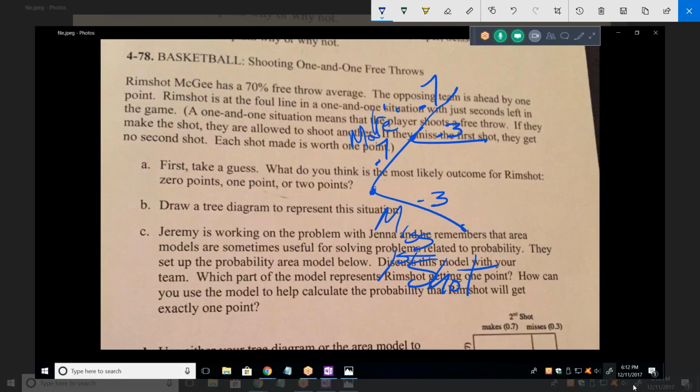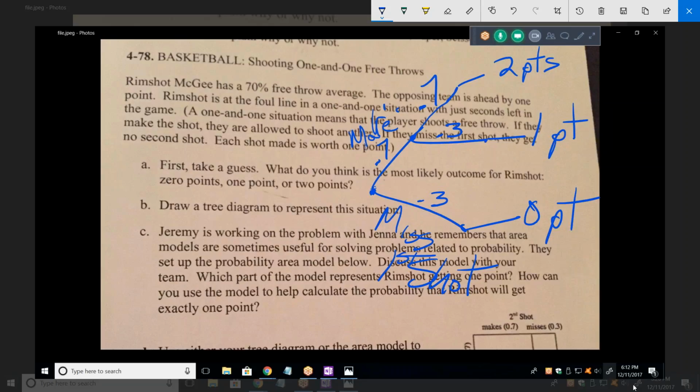This results in 2 points. This results in 1 point if she makes the first one and misses the second one. And the bottom part of the tree is if she misses the first shot, she doesn't get another second shot. So that's 0 points. So that's what the tree diagram looks like.